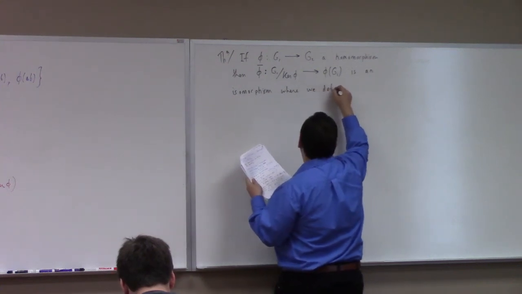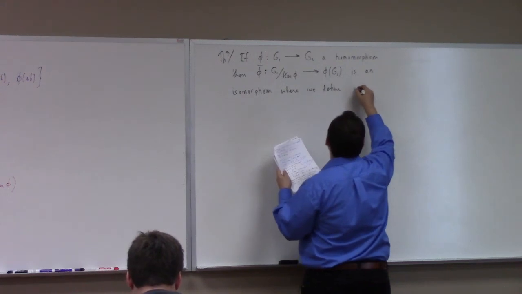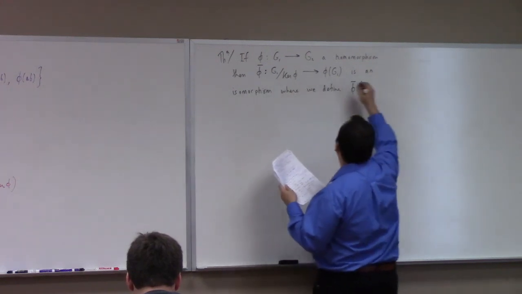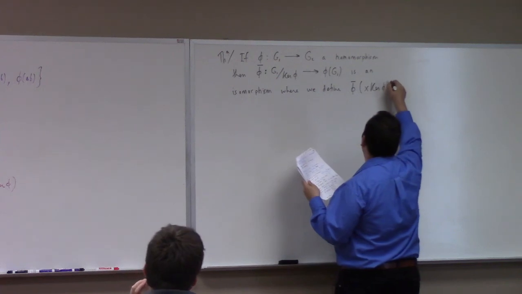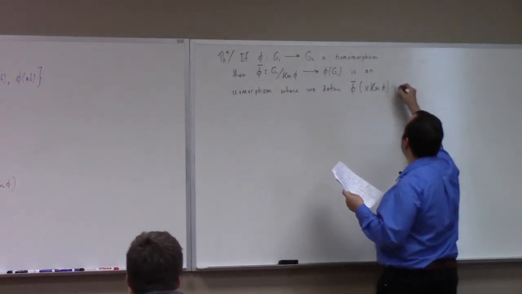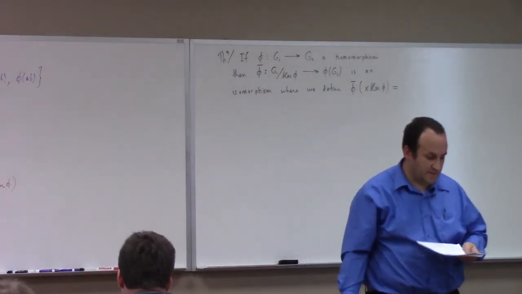how do we define it? We define phi bar as follows. Phi bar of, what's a typical thing in here? It'd be like x times the kernel of phi. That's a typical element in this factor group. And how do we define phi bar of x times the kernel of phi?